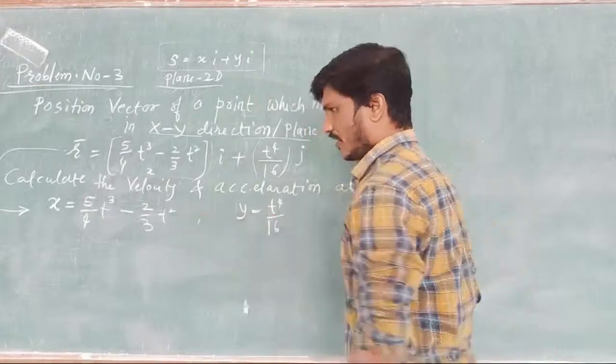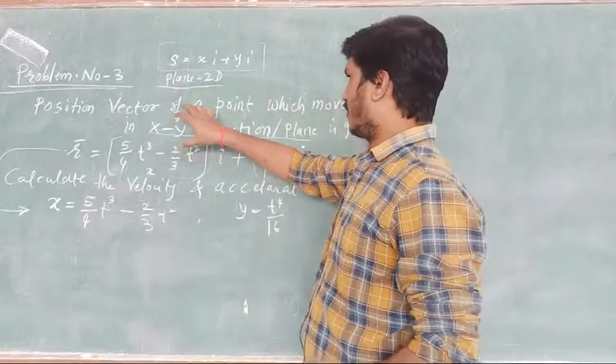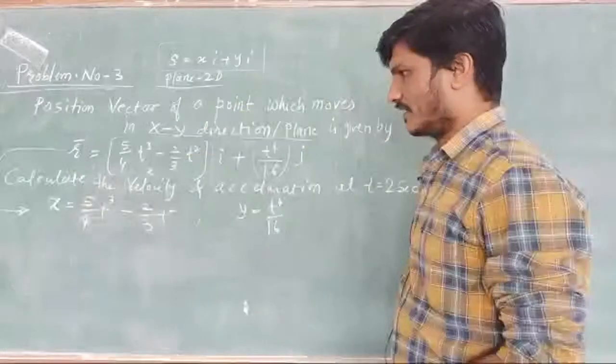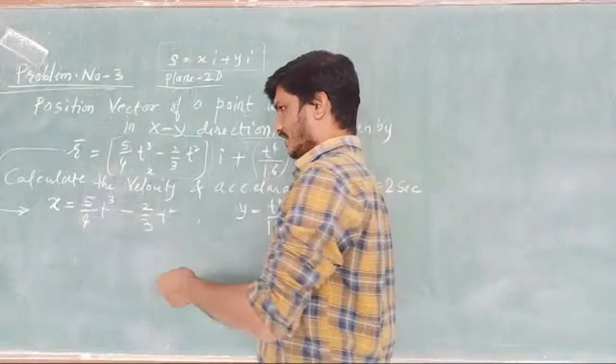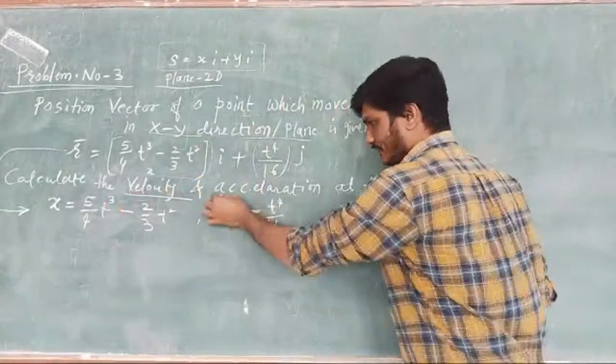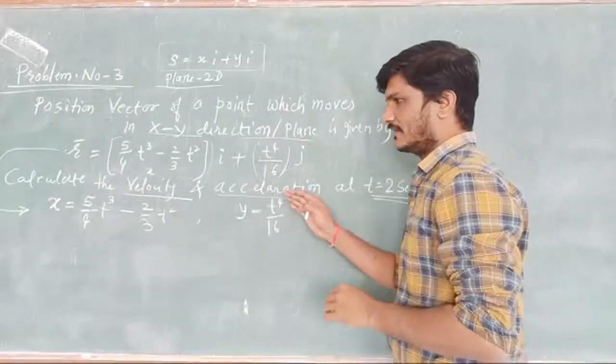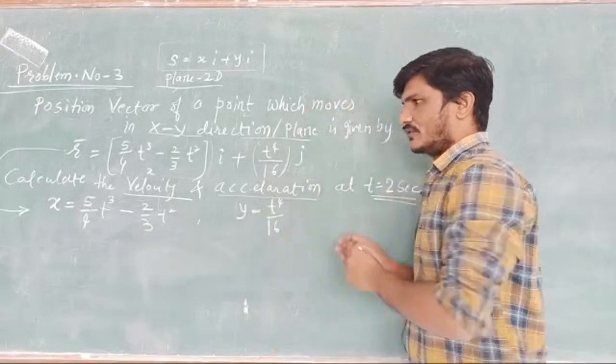These two are the position equations. To calculate, first you need to calculate the velocity, later the acceleration when time is 2 seconds. These are the objectives of this question.